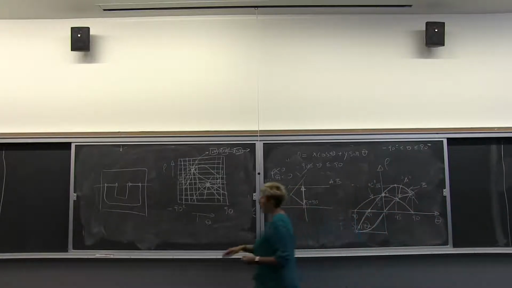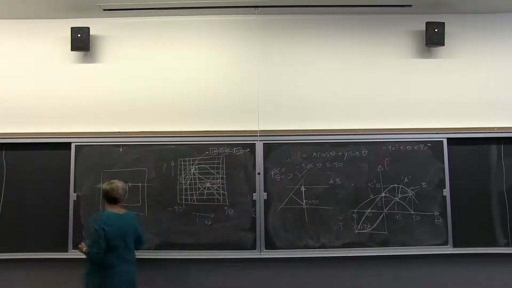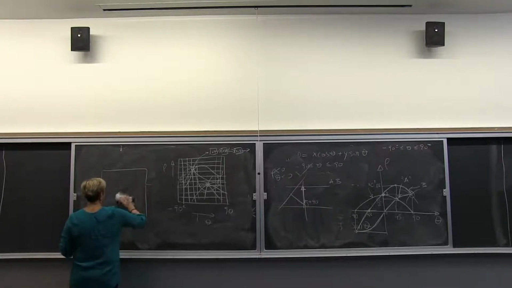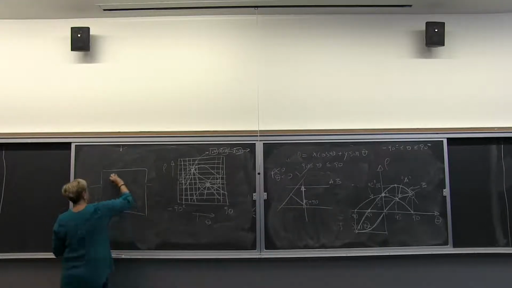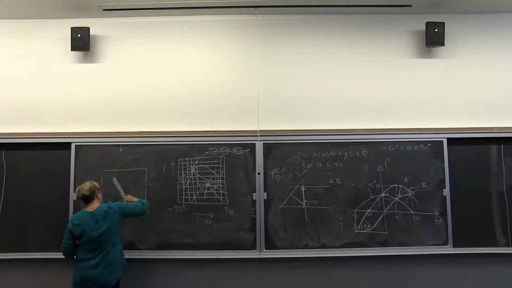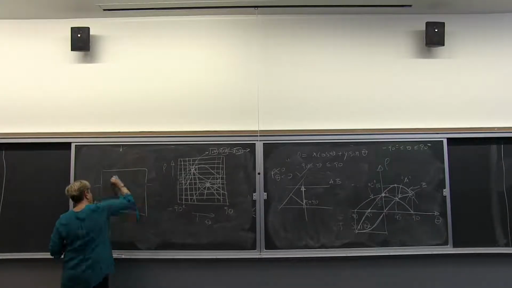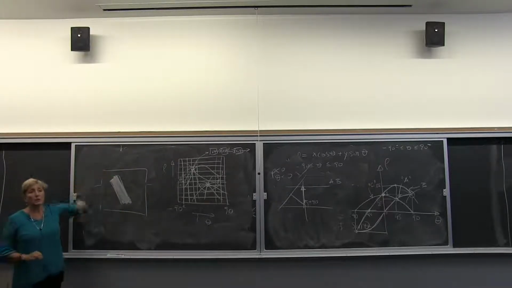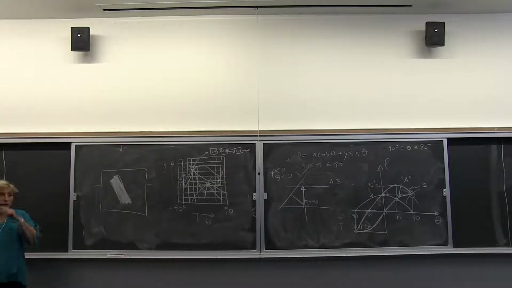Let's look at what happens to my image. Suppose I have something like that, right? And then looking for the lines that make the boundary of this white box, right? So I'm going to do edge detection. I'm going to find the gradient everywhere.